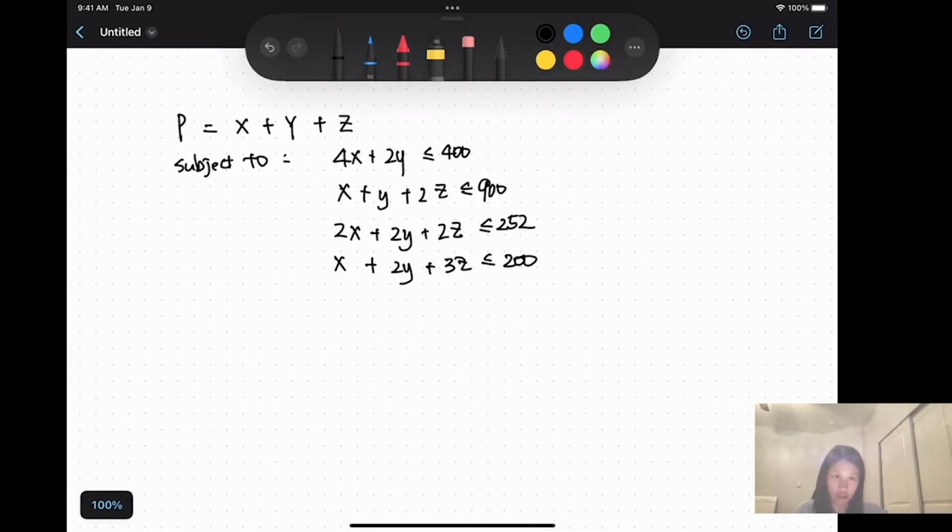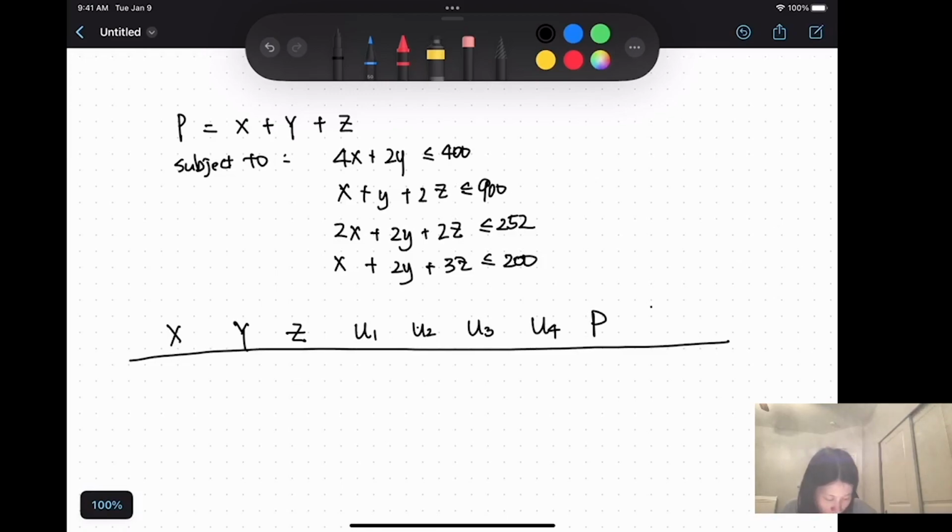Okay, so the initial tableau should be: we have x, y, z, u1, u2, u3, u4, P. For x, for the first function, we have 4, 2, 0, because we want to add u1 for the first function, u2 for the second, u3 for the third, and u4 for the fourth function.